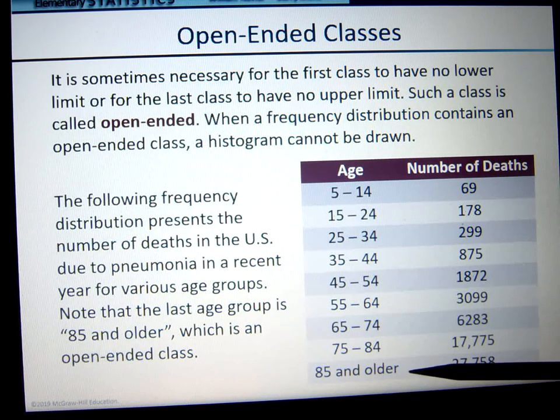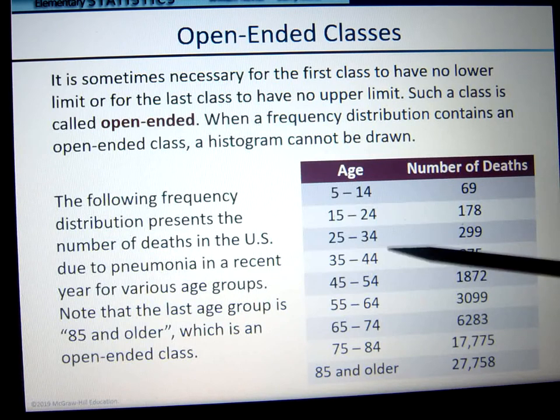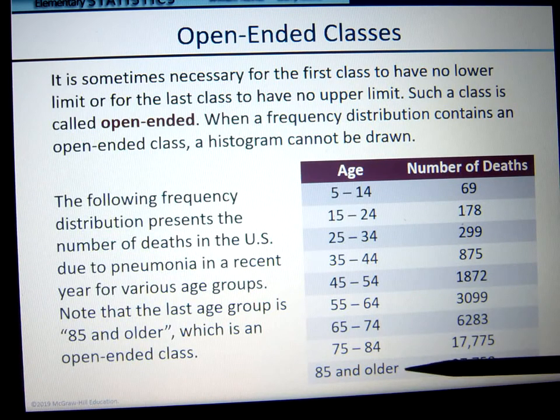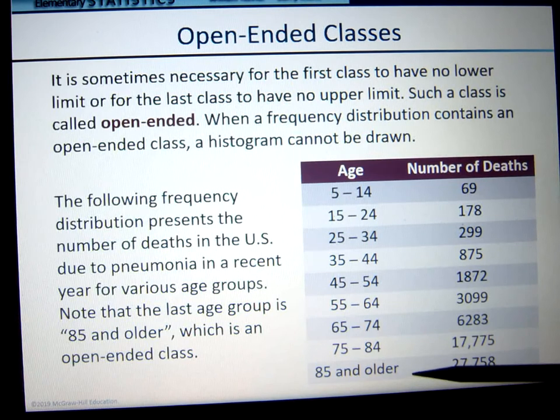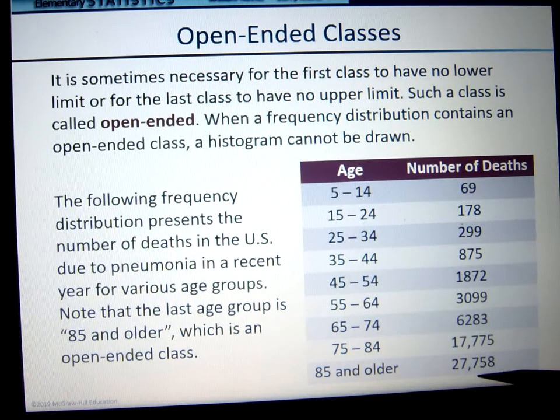Maybe there's only a few in here, obviously not the case here. Maybe the researcher is more concerned about grouping the ages, and 85 and older are considered elderly. And when you have something like this in an open-ended class, a histogram really cannot be drawn with this because you have no width.